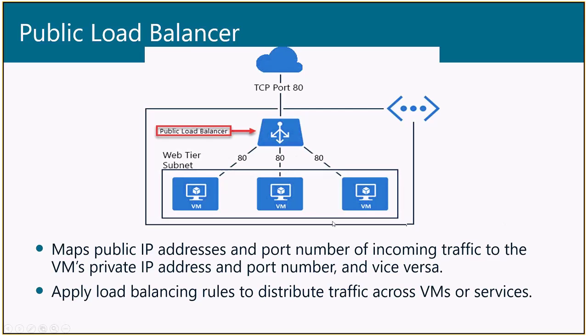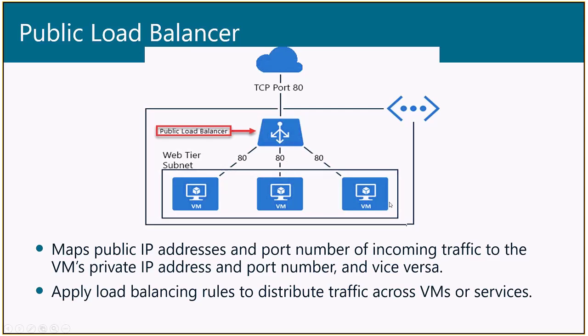Your public load balancer is going to decide which one to go to. In this case, they all have even permission, which means the load balancer is going to decide to go to 1, 2, or 3. No one has higher priority than the other. It's going to distribute the incoming connections evenly.